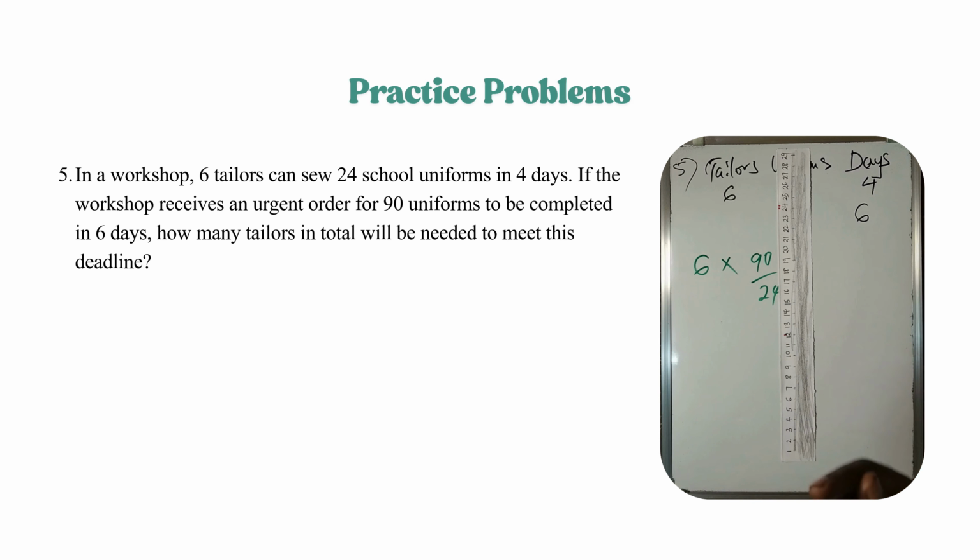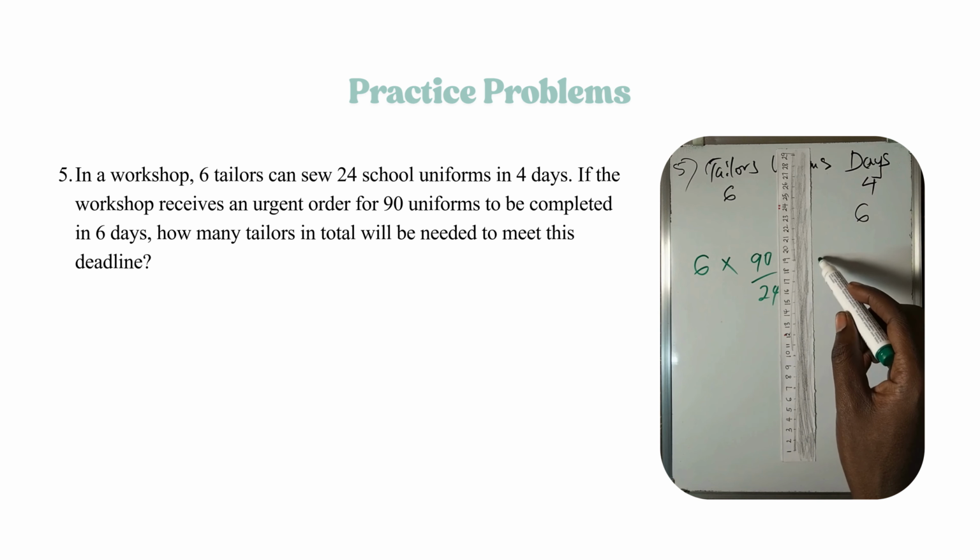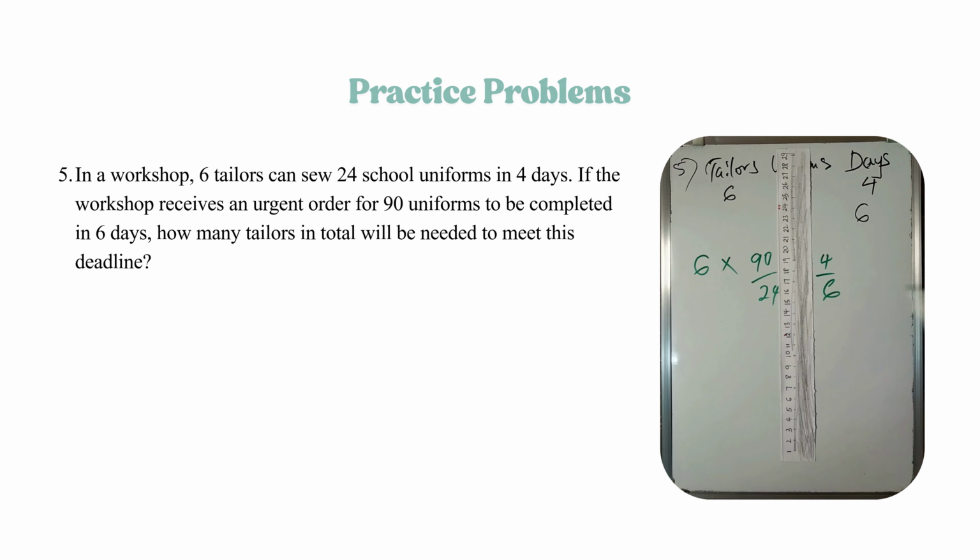And when we are decreasing the rate of works, we use a decreasing ratio. And we know that a decreasing ratio is a proper fraction. So we are going to multiply by 4 over 6, because it's a decreasing ratio, so it's a proper fraction. Now this is what we're going to do.